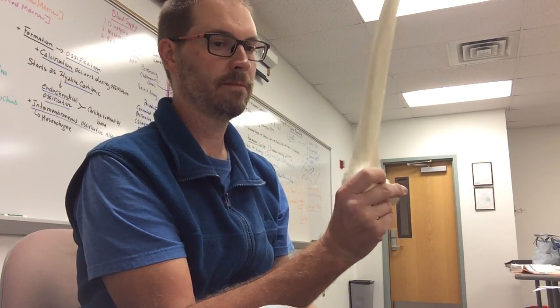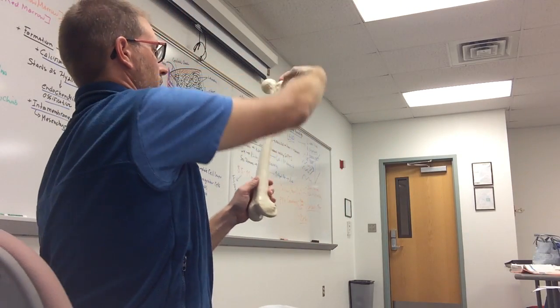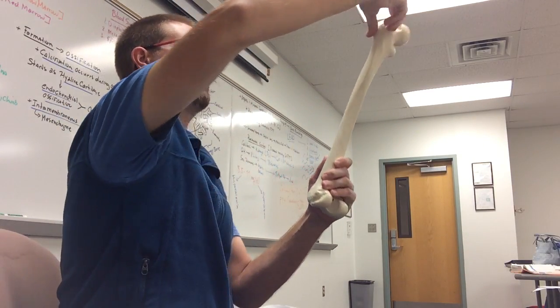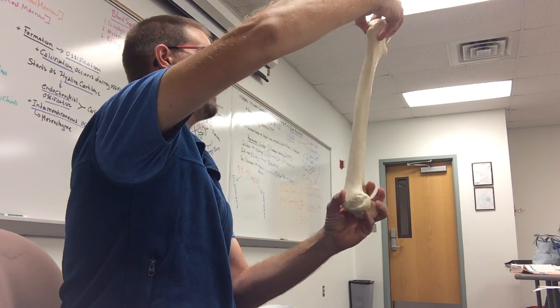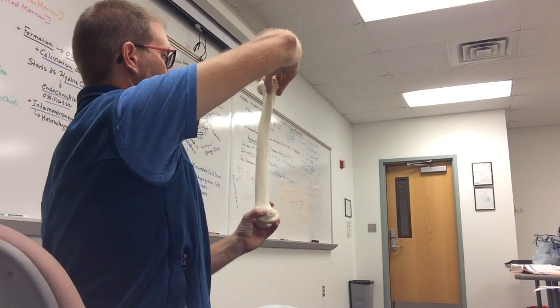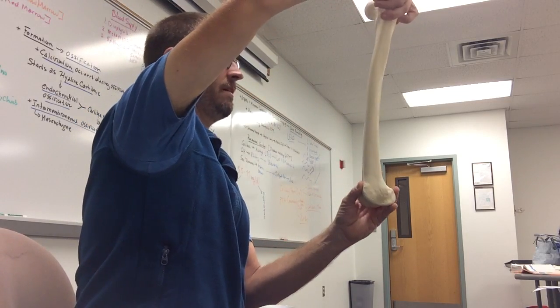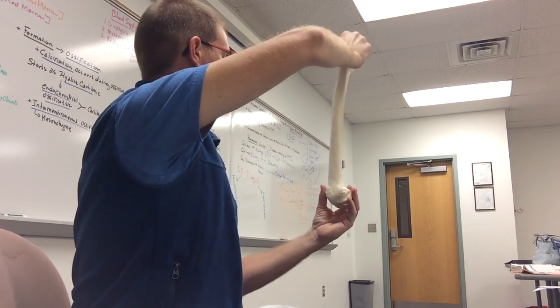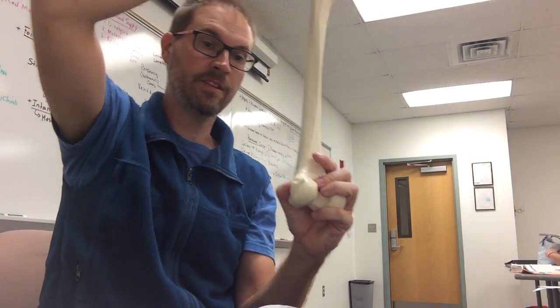Here I have a femur, and right here I have this large, rough, irregularly shaped area. This is the trochanter. In this case, multiple tendons and ligaments attach there. Does that make sense? It's a very large projection.